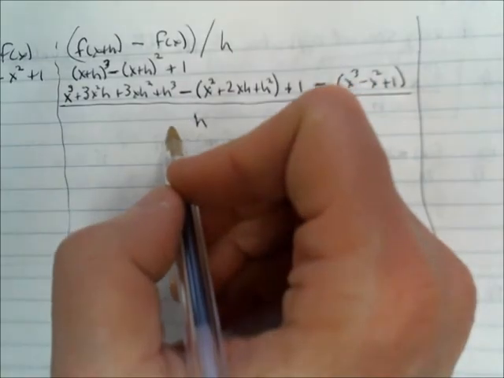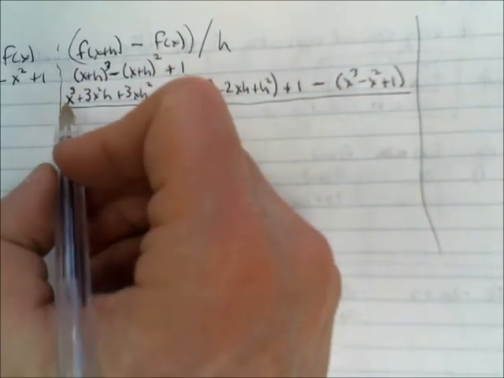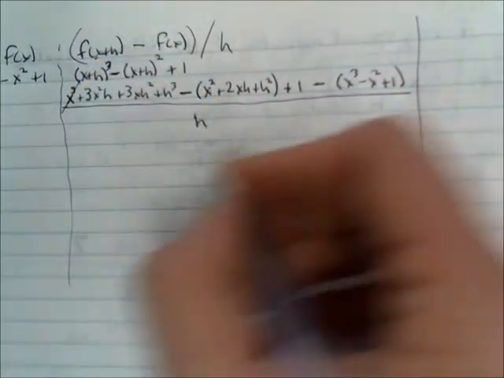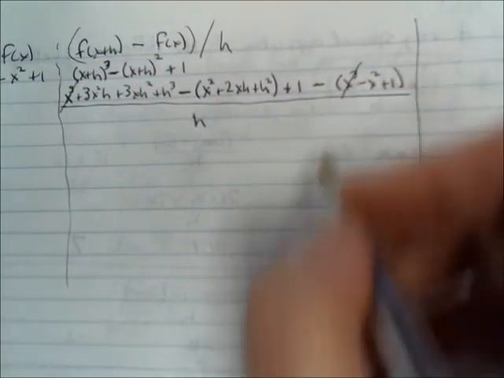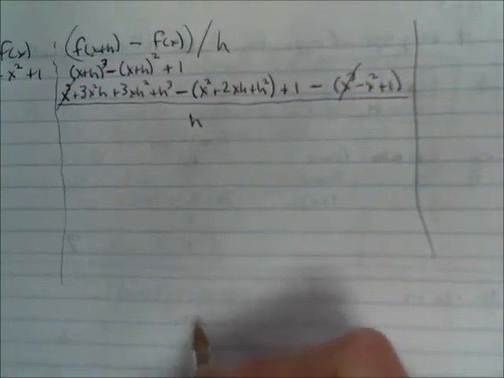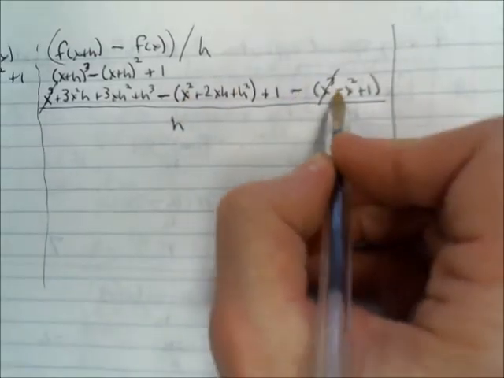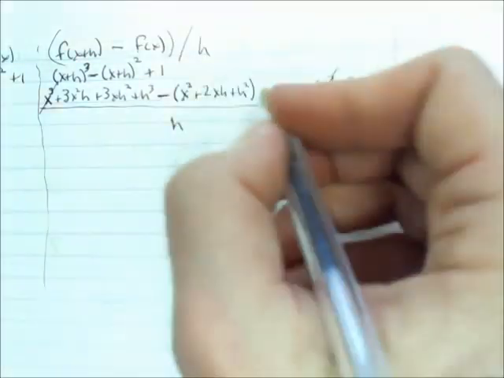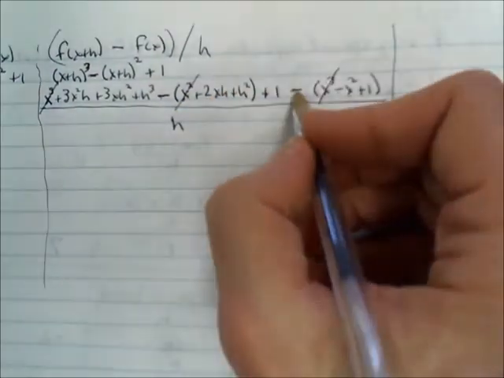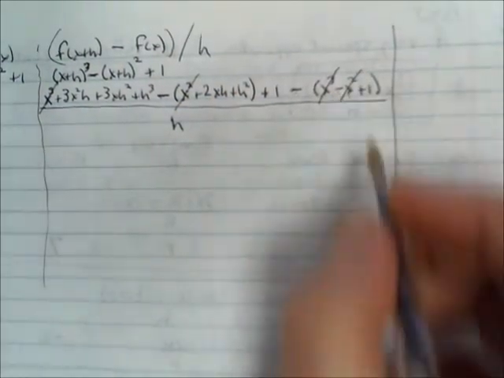So what we have is an x cubed here and a negative x cubed here. We have a negative x squared here and a minus a negative x squared here. A negative x squared with a minus a negative x squared cancels out.